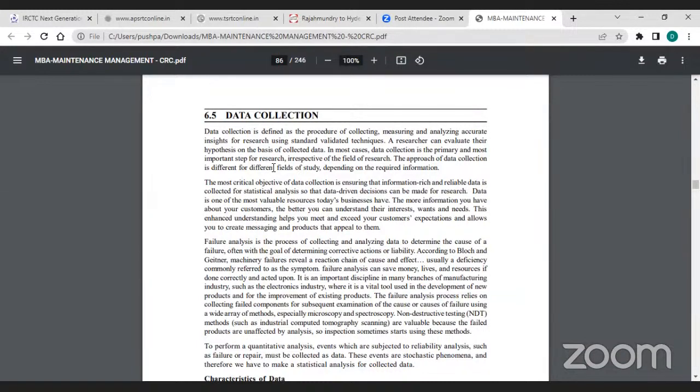Primary data is first-hand information collected from different sources, either by observation, by survey method, or by interview techniques. We collect the first-hand information and analyze it. Right. So the most critical objective of data collection is that we take decisions based on the collected data, and this can be used for research.